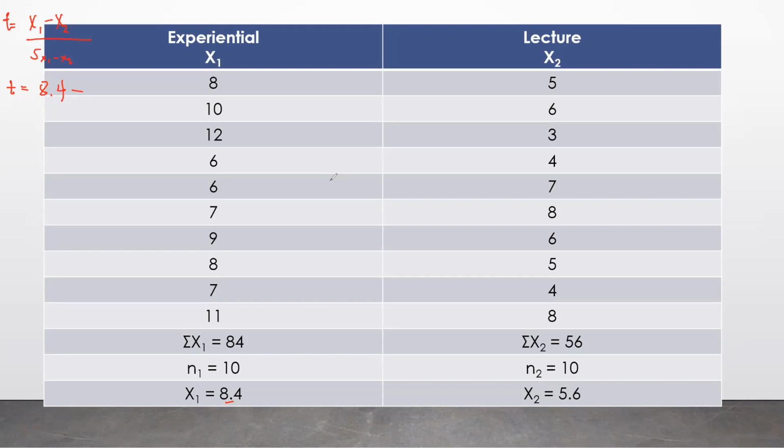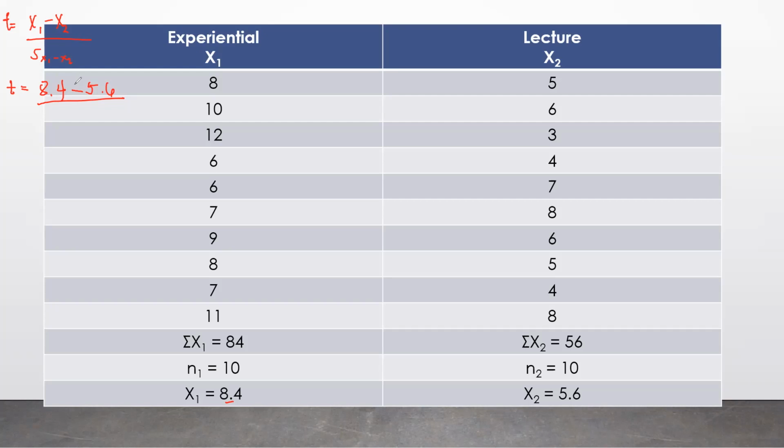A total of 56 divided by the number of observations. That's a total of 10. So we have here 5.6. Na yung problema na lang natin is yung S sub x1 minus x2 natin.